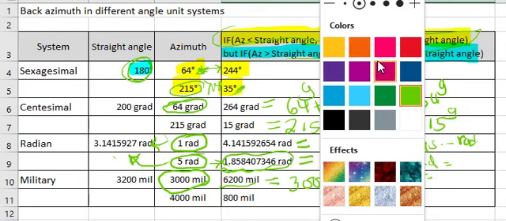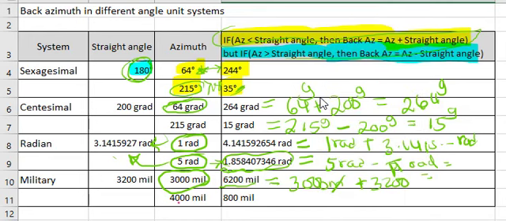While if we have an azimuth which is more than 3,200, which is the straight angle, then the back azimuth will be the azimuth, which is 4,000 mils, minus 3,200 mils, and this equals 800 mils. We have it here.